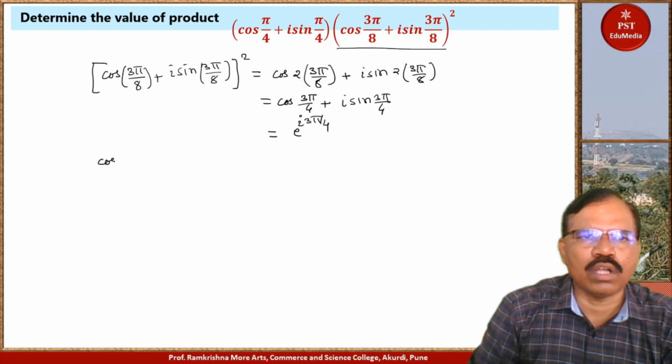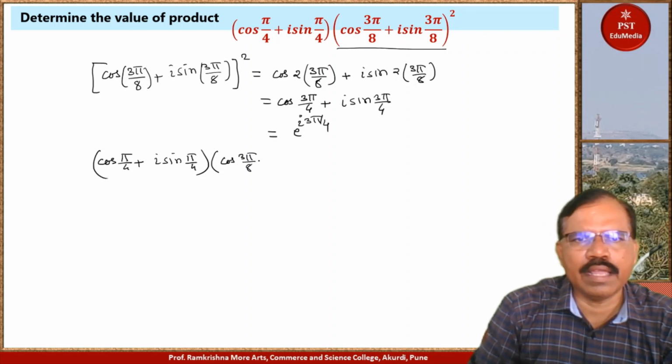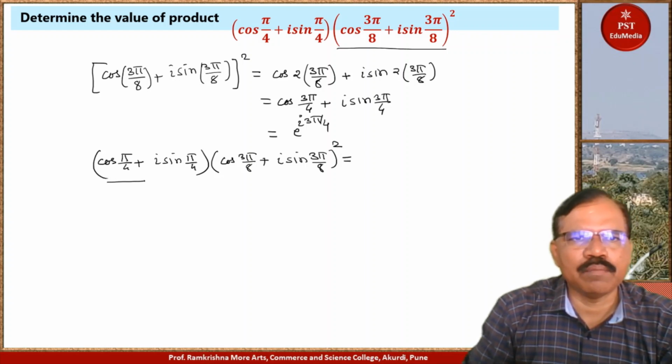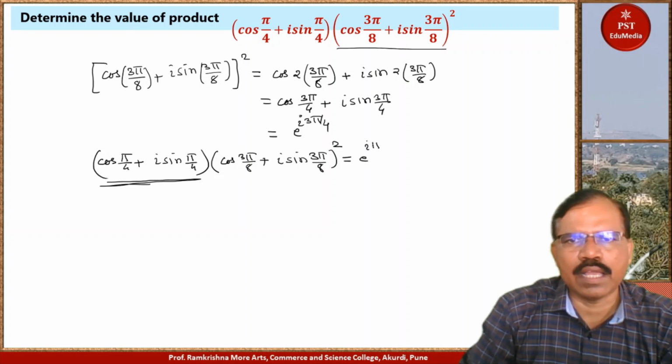And cos pi by 4 plus i sin pi by 4 multiplied by cos 3 pi by 8 plus i sin 3 pi by 8 raised to 2 will be equal to, now cos pi by 4 plus i sin pi by 4, this one I can write e raised to i pi by 4 into this one we have already obtained here, e raised to i 3 pi by 4.